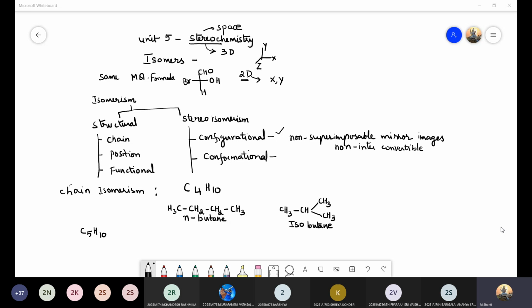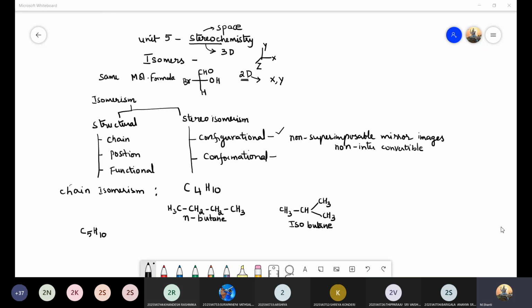So in total, how many can you write for this molecular formula C5H10? 2, 3 or 4, how many? Two, ma'am. Okay, we'll see then.